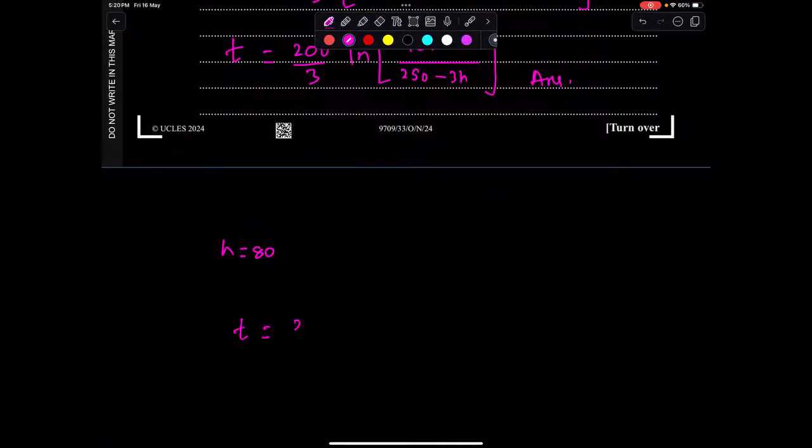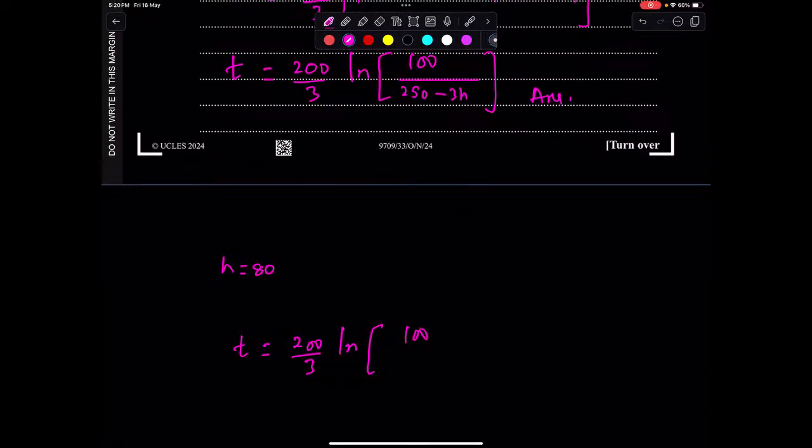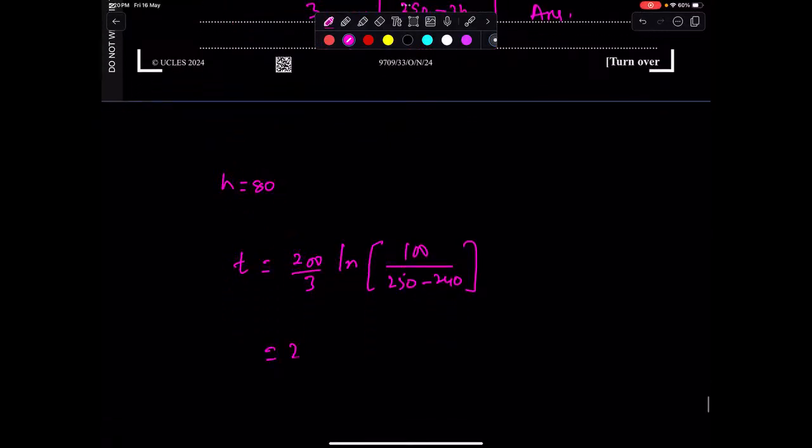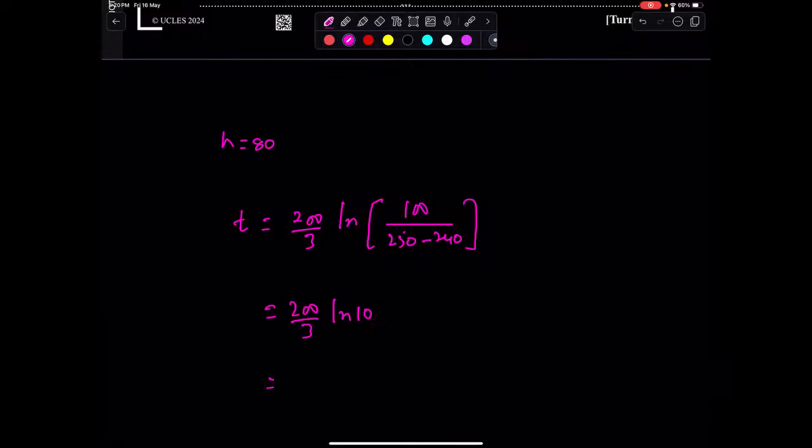So t is equal to 200 upon 3 ln 100 upon 250 minus 240, because h is 80, so 80 times 3 makes 240. So 200 upon 3 ln 100 upon 10, so ln 10. That's the exact value in terms of ln, and the other number is 150.